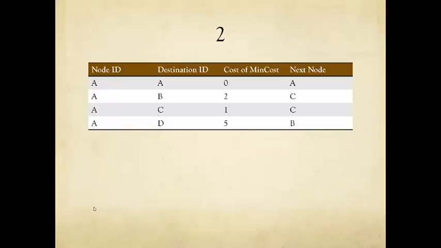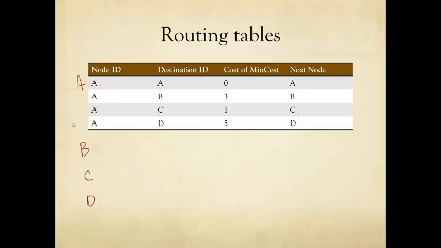Okay. Now you can repeat this process. What about iteration 2? You want to write down the routing tables for A, B, C, and D nodes. Here is the answer for routing table for node A. Remember, at the end of the routing round 1, A is going to send the following 4 messages. Same message, A, A, 0. New message, A, B, 3.